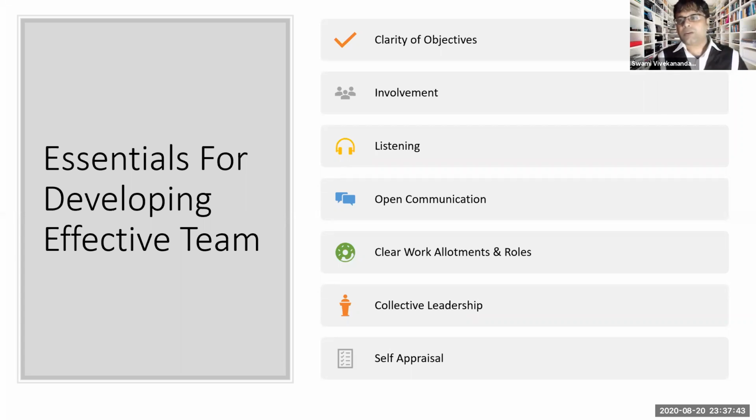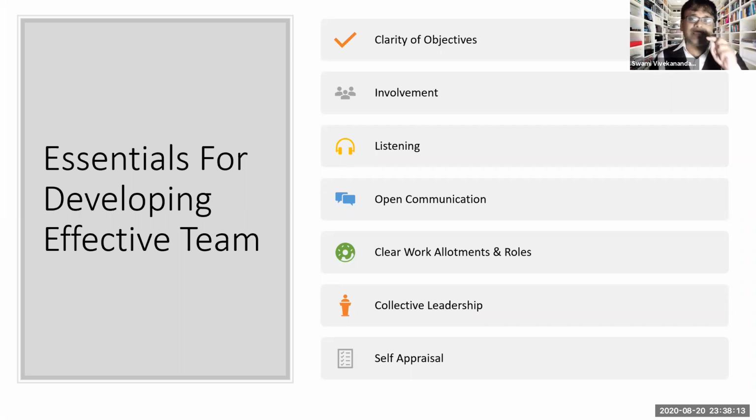Listening is a very important factor. All the team members should listen to each other so that everybody can understand that their voice will be heard. If the culture is such that they think that if I say something it would be criticized, laughed at, and not considered, then in this kind of culture nobody would be encouraged to talk and share because nobody is listening, right?